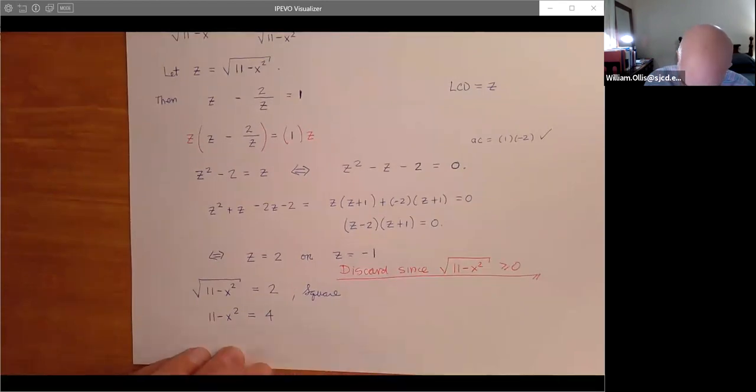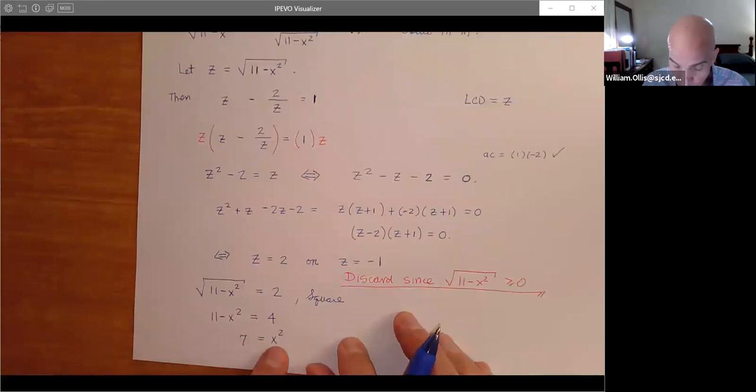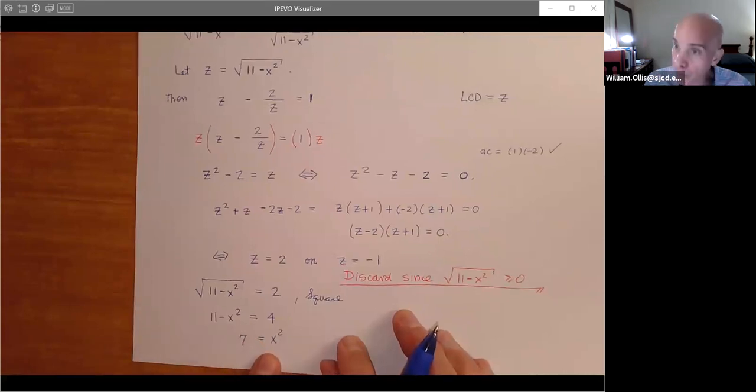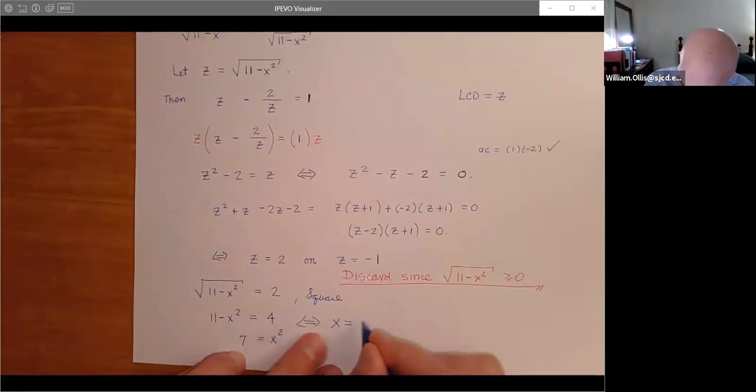And now bring everything over. x squared equals 7. So subtract 4 from 11, transpose the x squared term, and now use the square root property. If and only if x equals plus or minus the square root of 7.